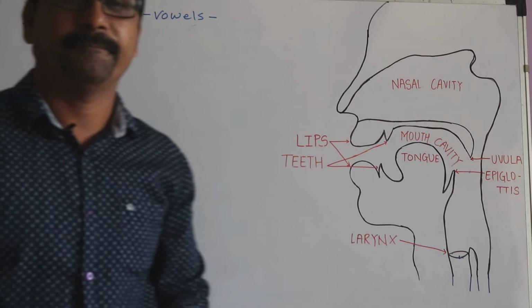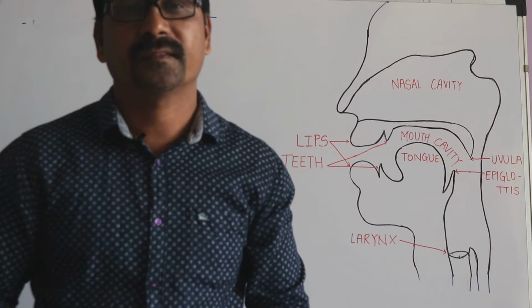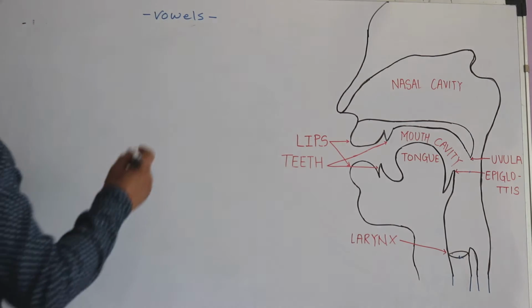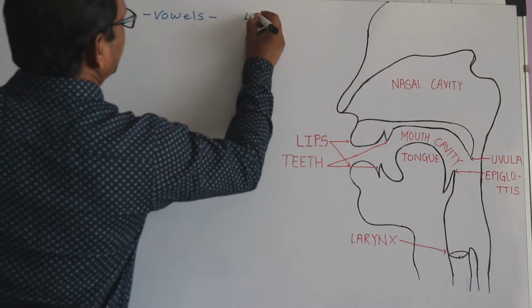So you know that in English we have 44 sounds.